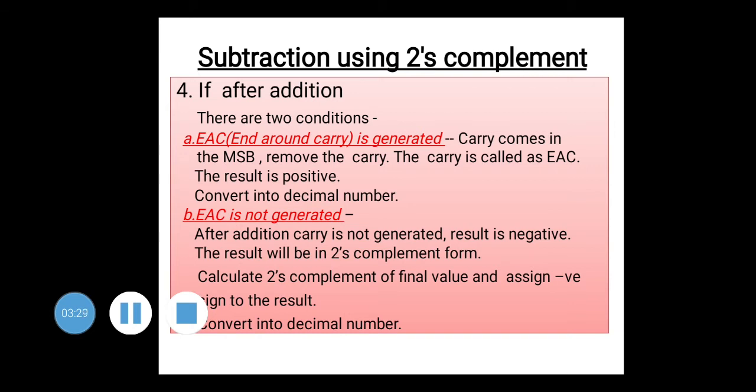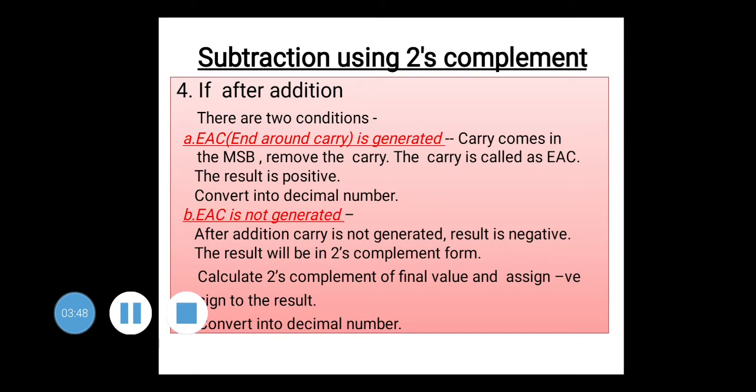Now the second condition: after addition, if the end around carry is not generated, then whatever result you get, you find the 2's complement of that number. Convert it into 1's complement, add binary 1, and that will be the final result.